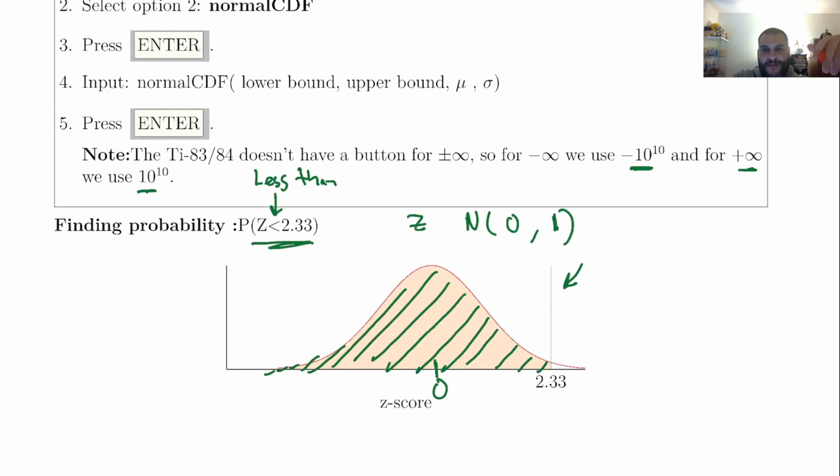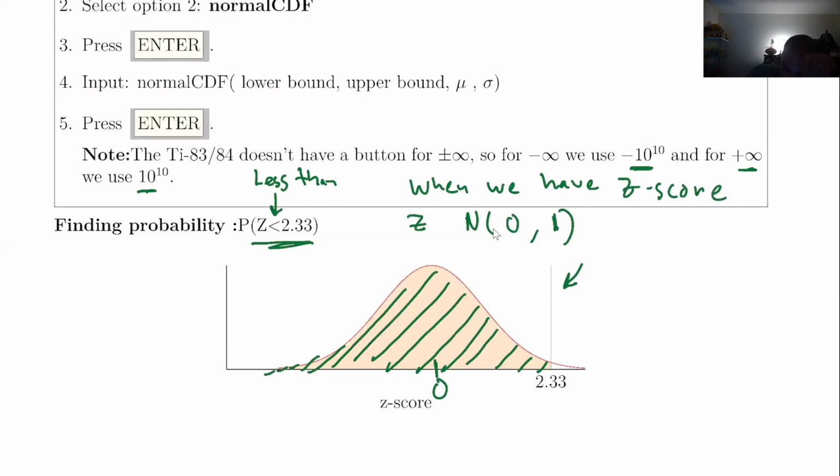All right, so if you remember, when we have a z-score, mu is automatically 0, sigma is automatically 1. Anytime we have a z-score, you should already know this, that mu is equal to 0, sigma is equal to 1.